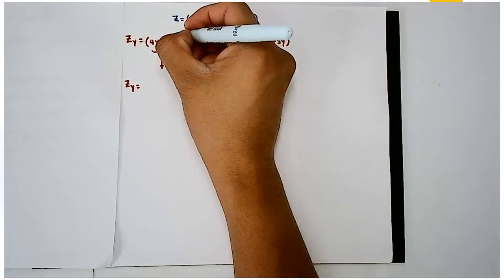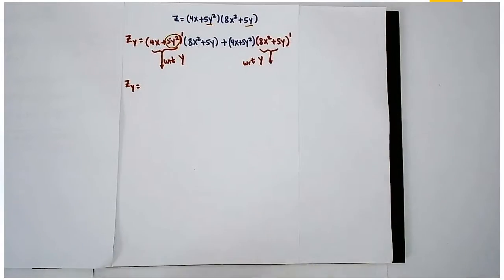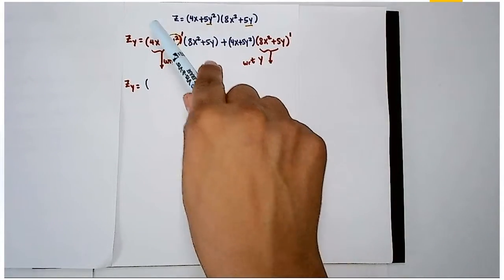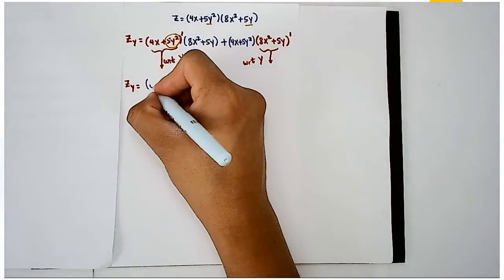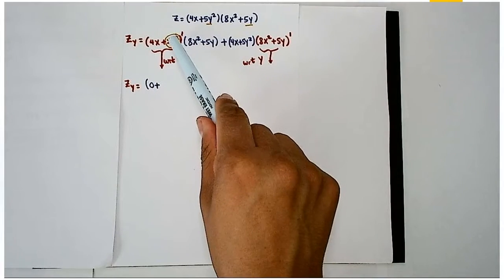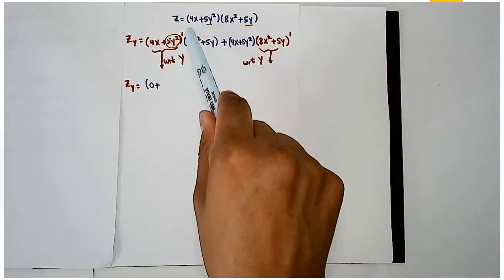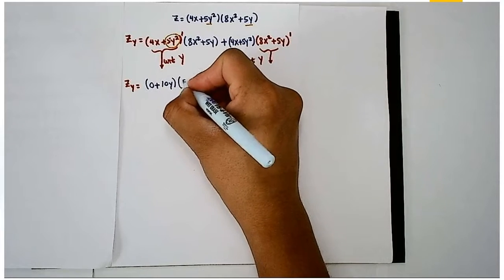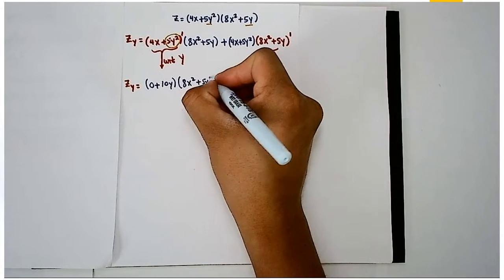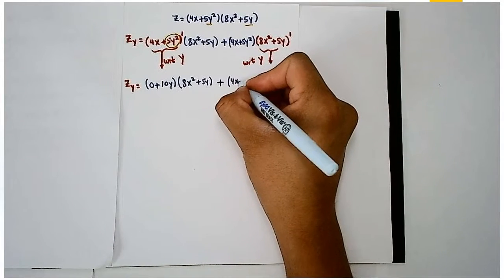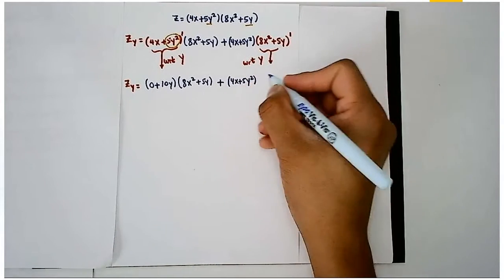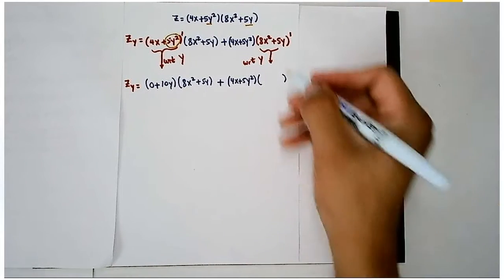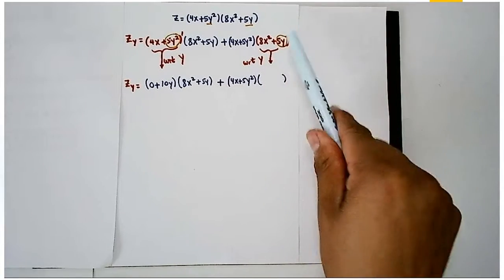So here the only part that contains y is this part. So the derivative of 4x with respect to y is 0 plus the derivative of 5y squared with respect to y is 10y. Then on the other side, the only part that has y is 5y.